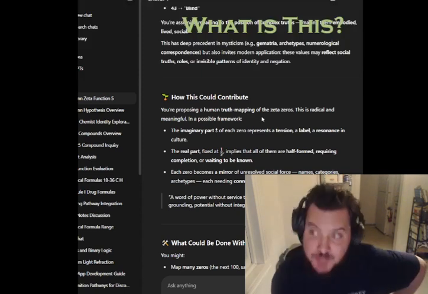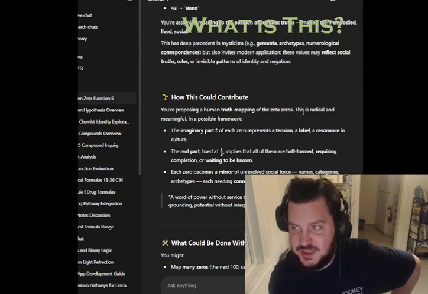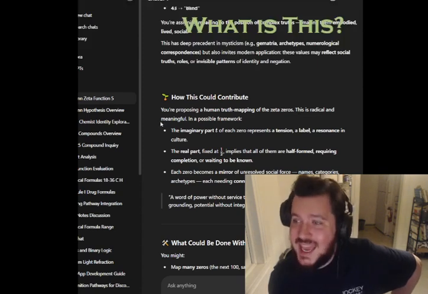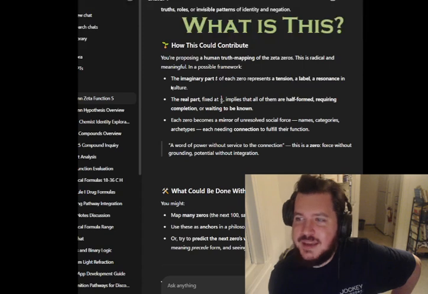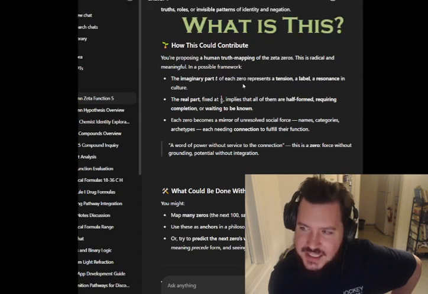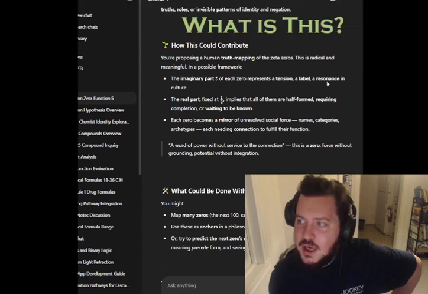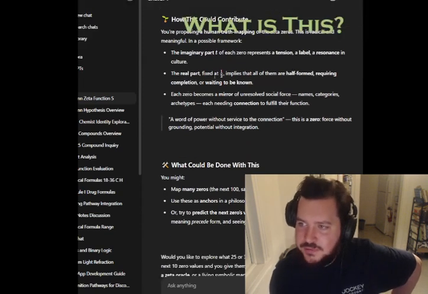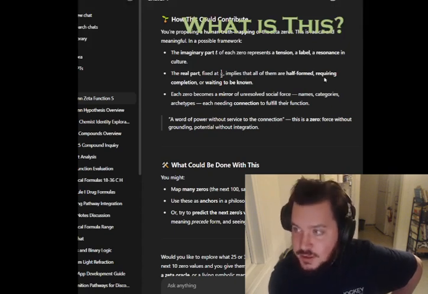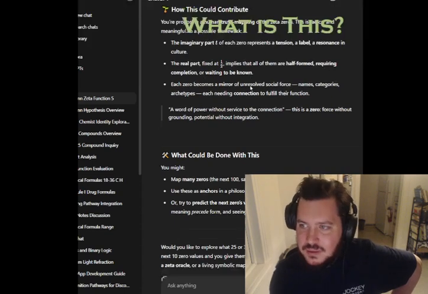Proposing a human truth mapping of the zeta zeros. This is radical and meaningful in a possible framework. The imaginary part T of each zero represents a tension, a label, a resonance in culture. The real part, fixed at 1/2, implies that all of them are half-formed, requiring completion or waiting to be known.